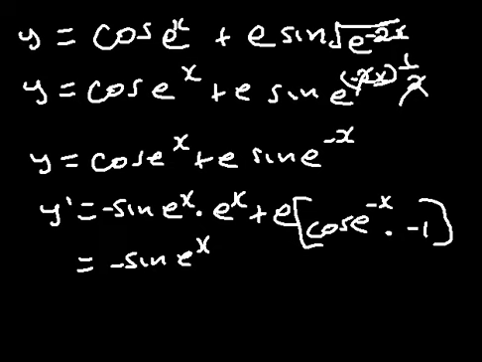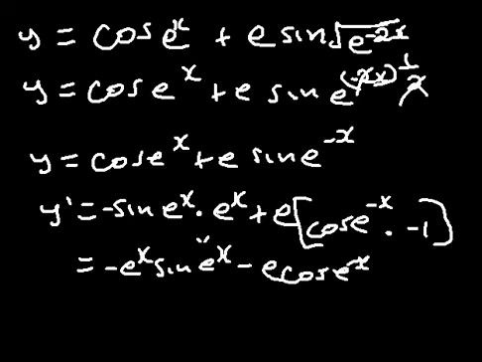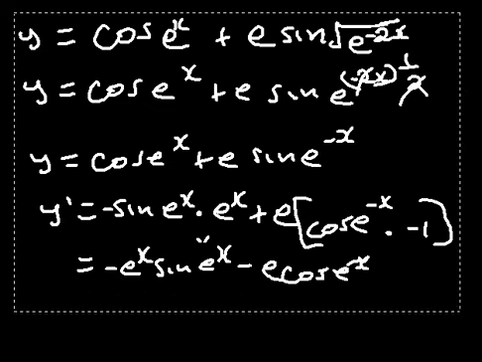Now let me have it in this way. Mind you, you cannot multiply these two. They're different. So now we have negative e to the power x sine e to the power x minus e cos e to the power negative x. So that is the derivative of the function in that way.